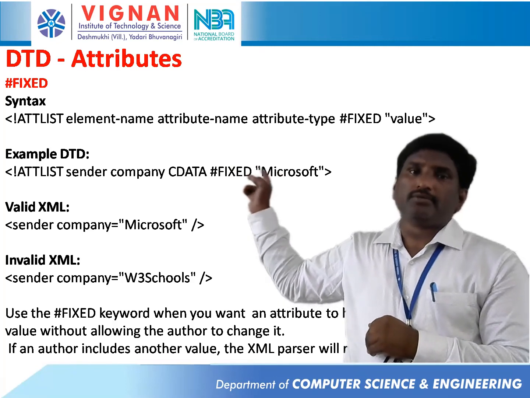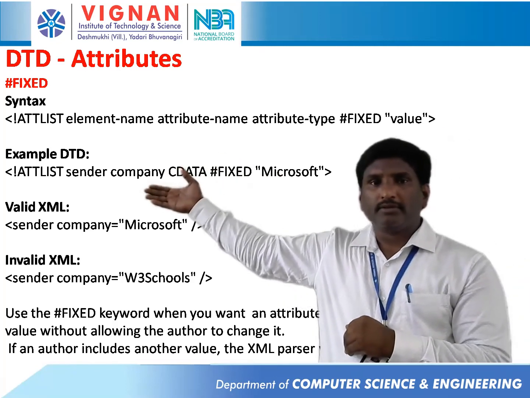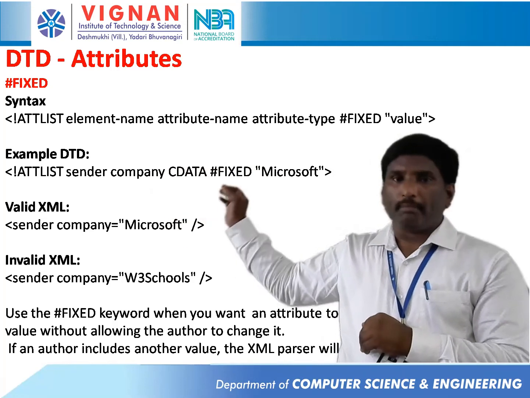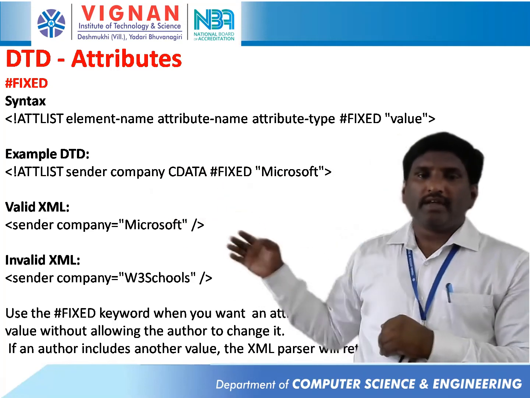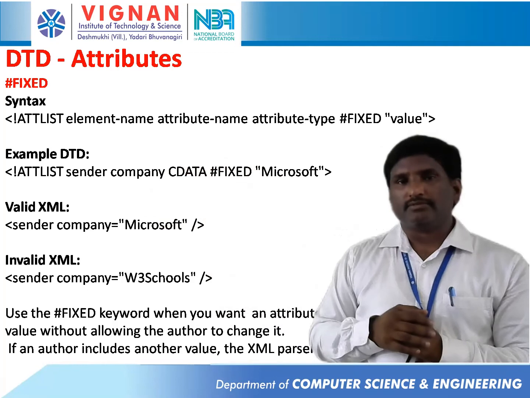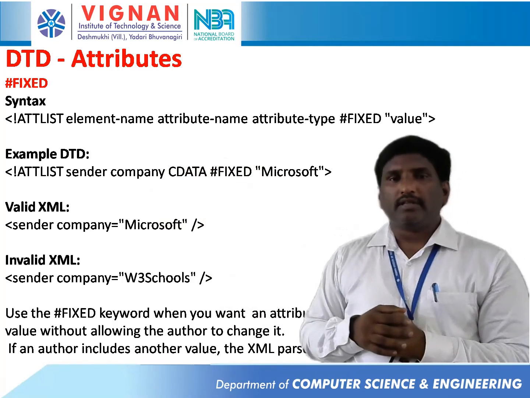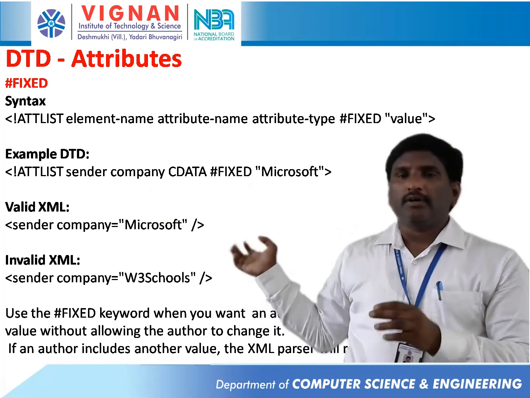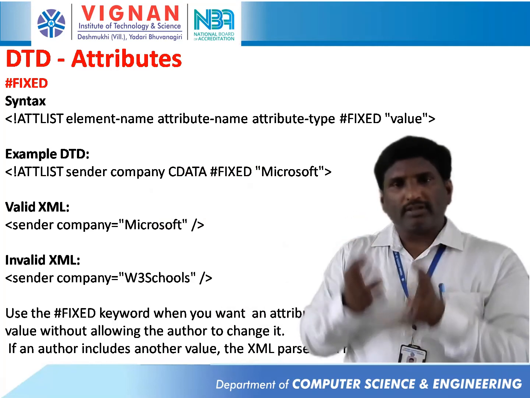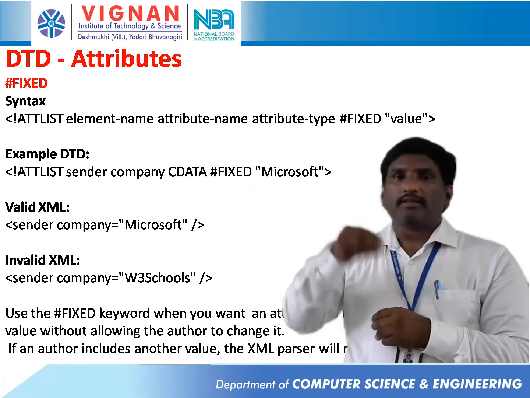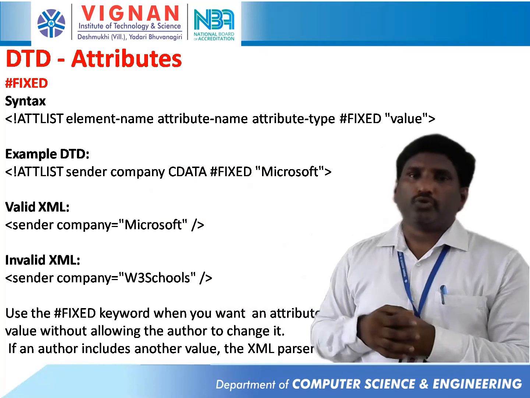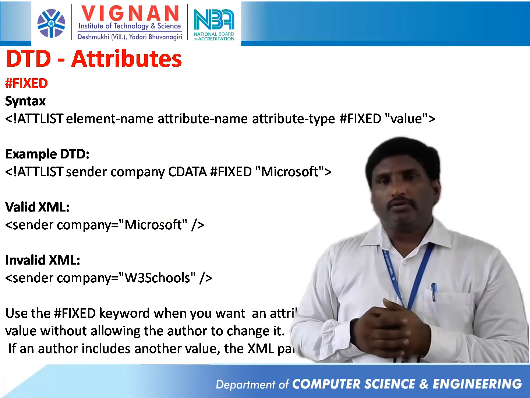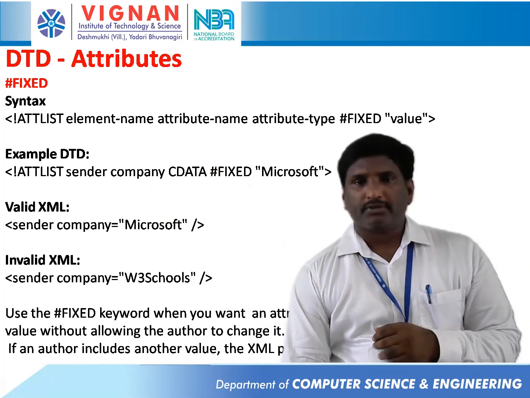So if you use sender as an element, you should write company equal to Microsoft, that's all. If you write anything else, this is invalid. This is okay, the fixed value. Sometimes some companies are writing their own XML documents. In that scenario, they write the fixed value so nobody can change it. So that is the meaning of the fixed attribute value.